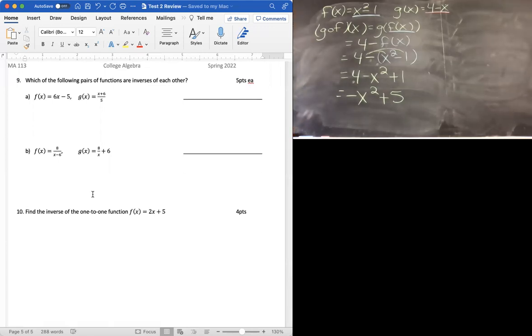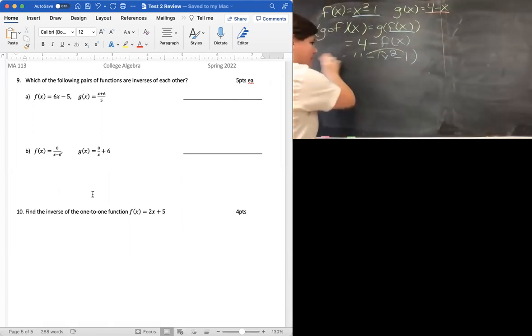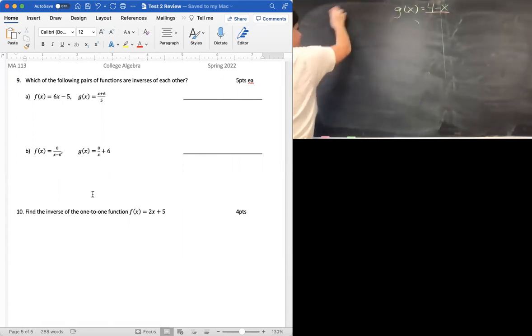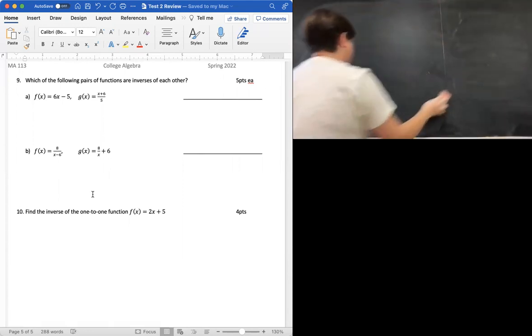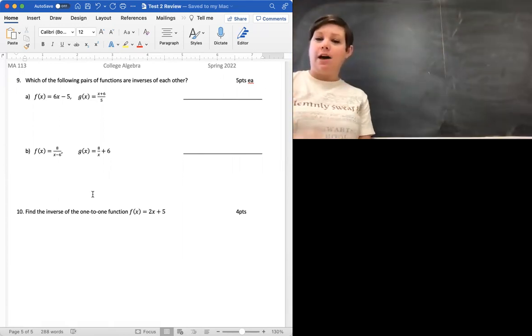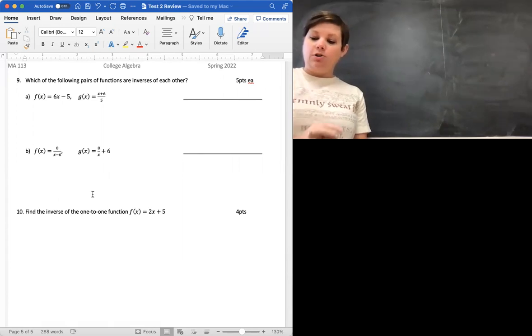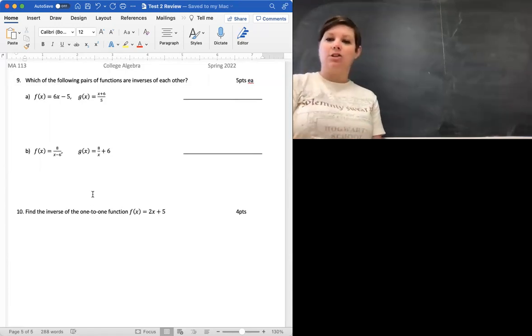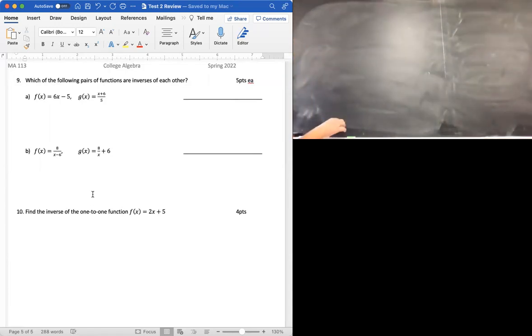I'm going to scroll up some more for number 9 and 10. Number 9 is just determining if two functions are inverses of each other. We did this in 2.7. To find inverses of each other, we had to do f of g of x and g of f of x in order to determine if they were inverses or not. Because remember, we want them both to equal x. If they both equal x, then they're inverses of each other.